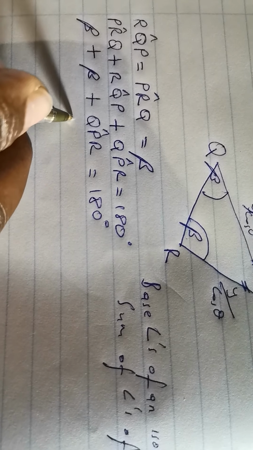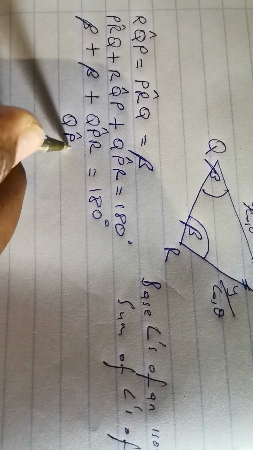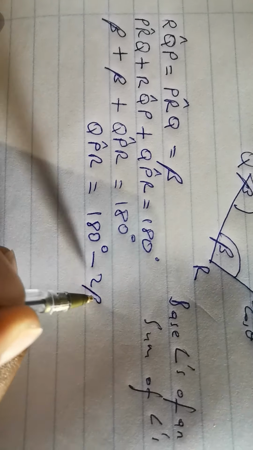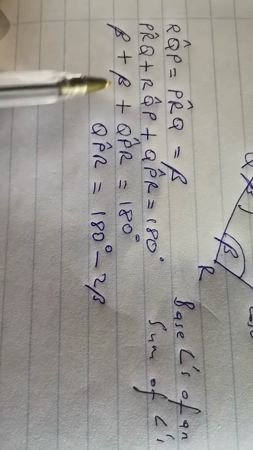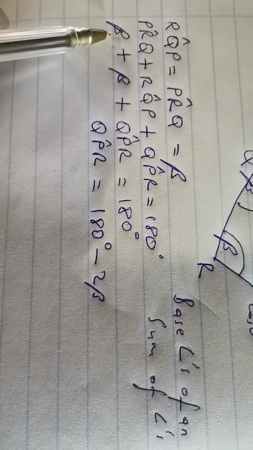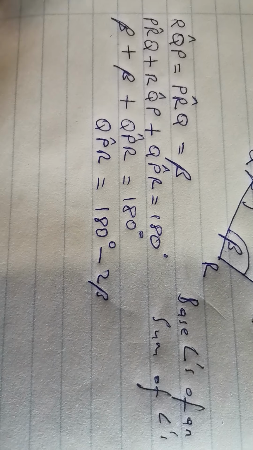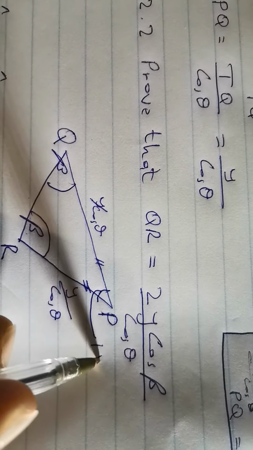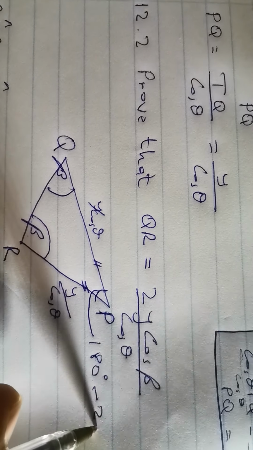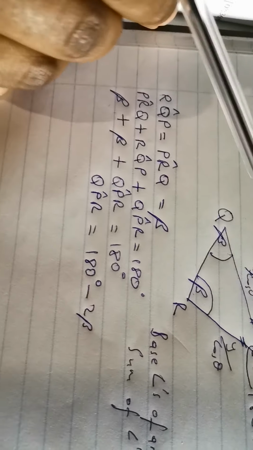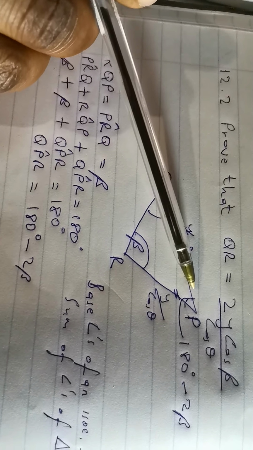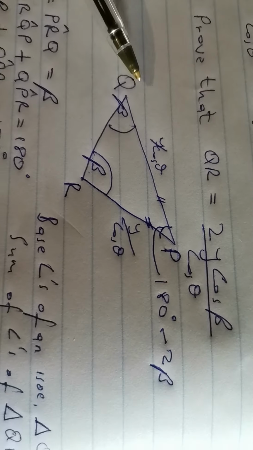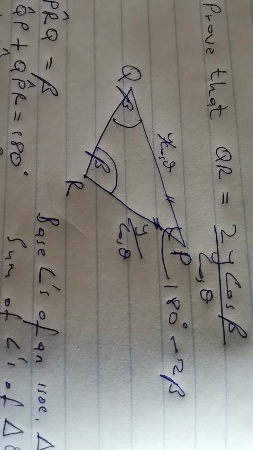So we can therefore straight away write that angle QPR is equal to 180 degrees minus 2 beta, because beta plus beta is 2 beta, and then when we transpose it, it changes the sign from being positive to being negative, right? So we have that angle there. We know that it's 180 degrees minus 2 beta. So now we will use the line angle pair that we have, PQ and angle PRQ, and also QR and angle QPR to find line QR.